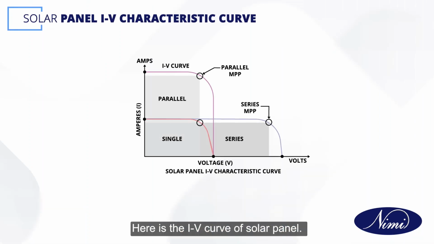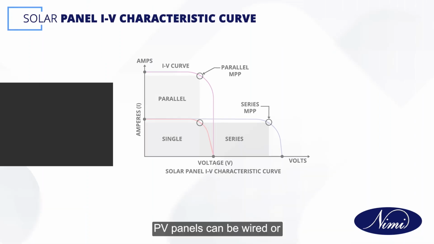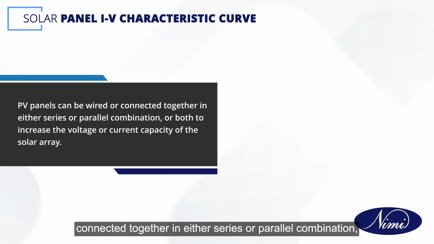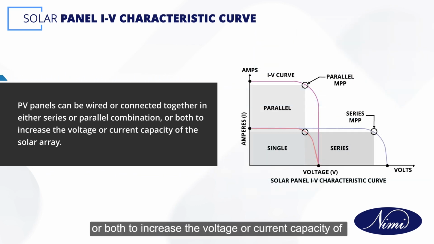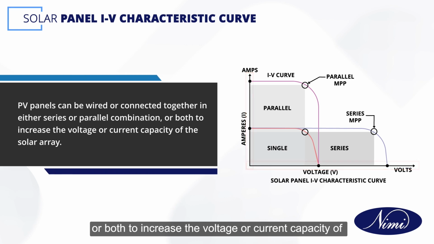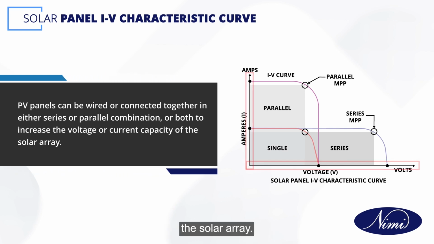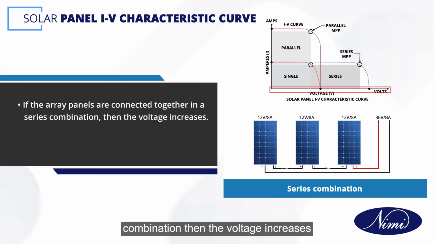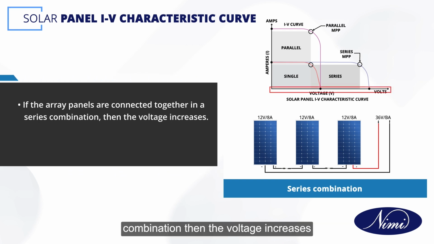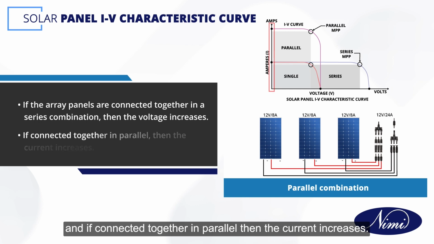Here is the IV curve of a solar panel. PV panels can be wired or connected together in either series or parallel combination or both to increase the voltage or current capacity of the solar array. If the array panels are connected together in a series combination, then the voltage increases, and if connected together in parallel, then the current increases.